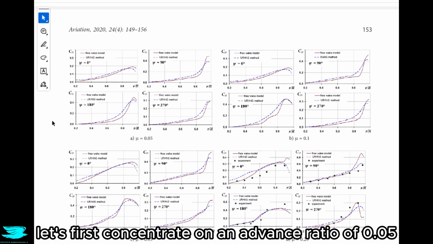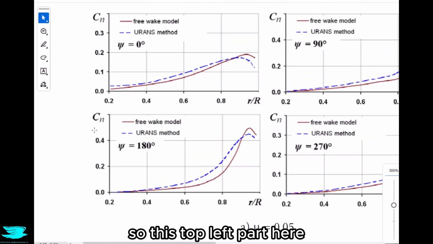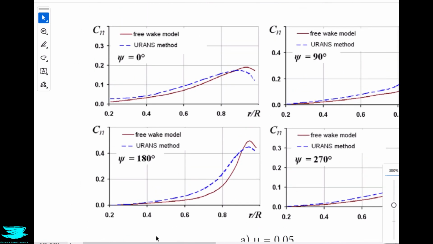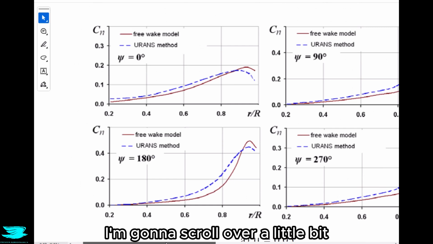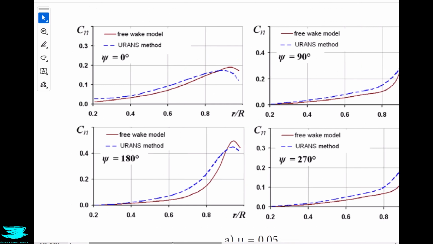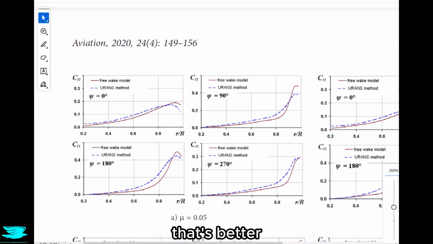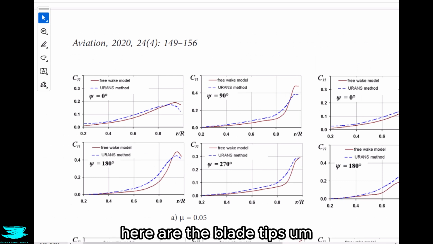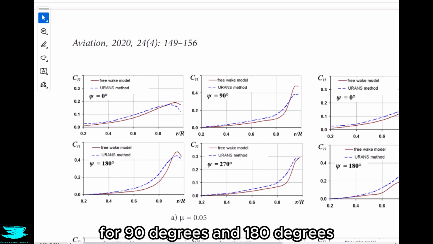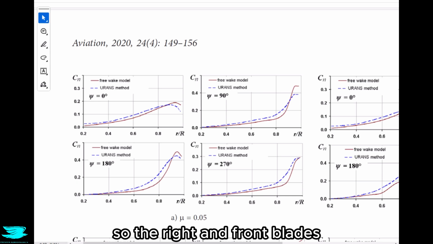Let's first concentrate on an advance ratio of 0.05, so this top left part here. I'm going to scroll over a little bit so we can see them all. Maybe need to zoom out a bit. Okay, that's better. So the blades that are actually producing the most lift here are the blade tips for 90 degrees and 180 degrees, so the right and front blades.